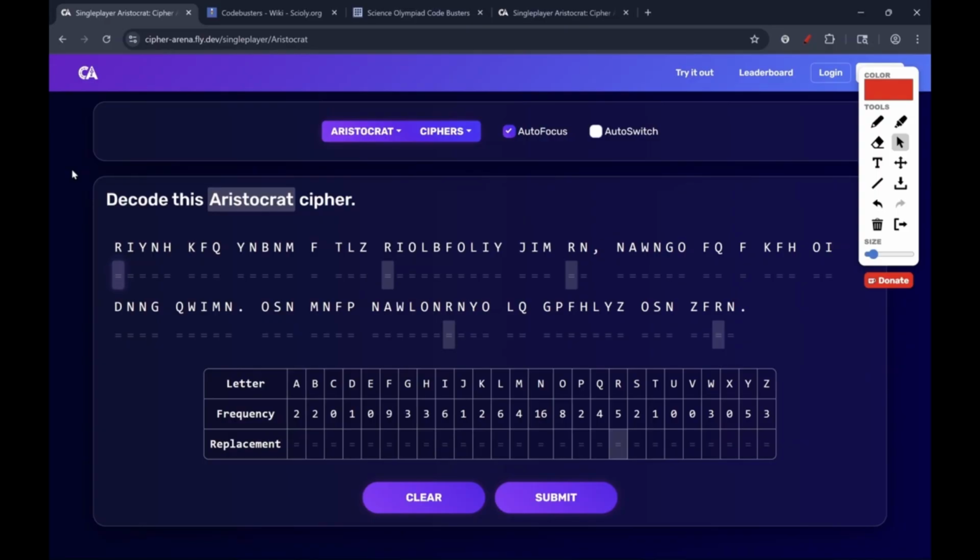Alright, first off, how does the aristocrat cipher work? Basically you have all of these jumbled up letters called ciphertext, and words in the ciphertext are separated with spaces, and you have punctuation.